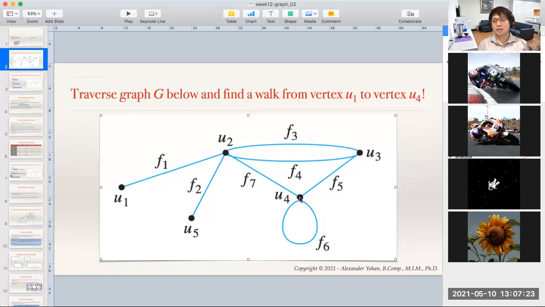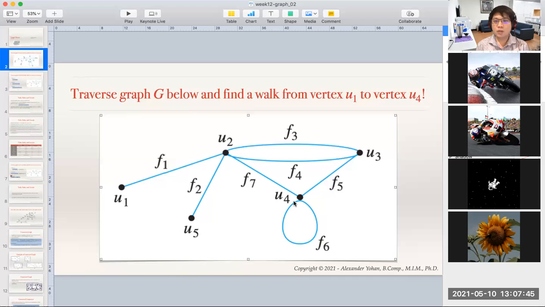So actually there are a lot more possible routes that you can take to go from U1 to U4. There is no such thing that limits your options. It is based on the criteria of the questions that you are asked.